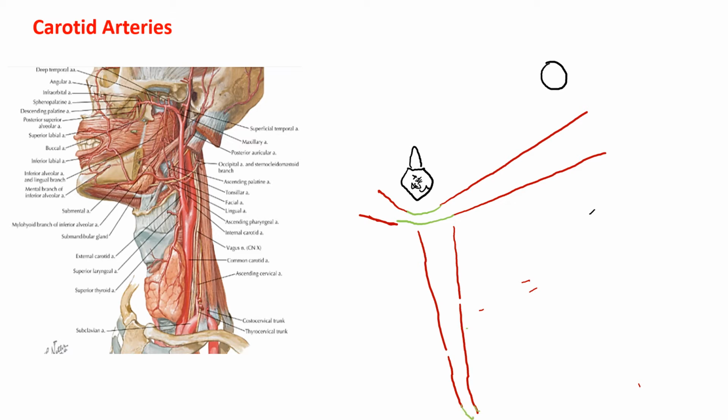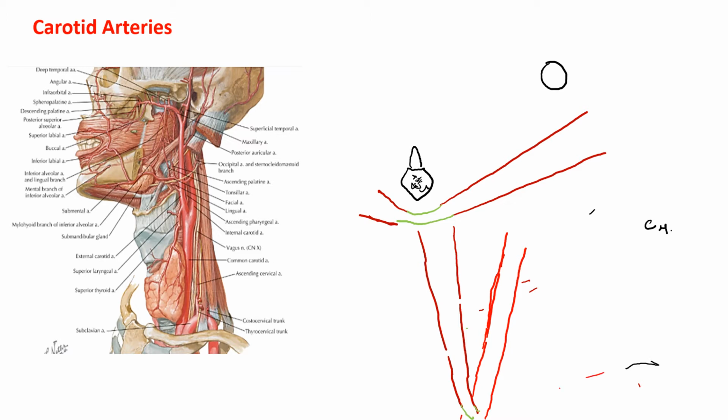So the carotids of both the sides enter the triangle under the cover of the omohyoids, mainly the intermediate tendon of the omohyoid, and somewhere at the level of C4, that is the upper border of the thyroid cartilage.